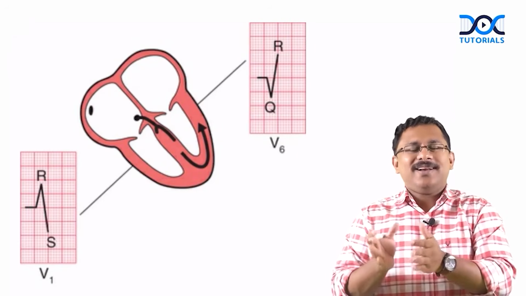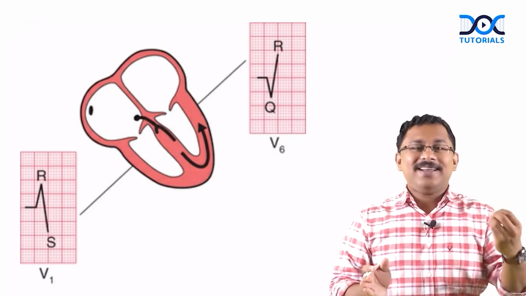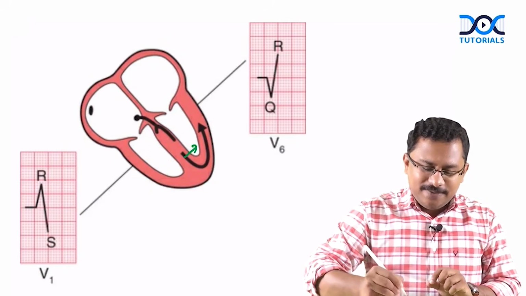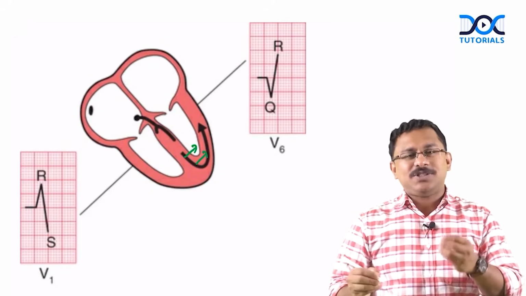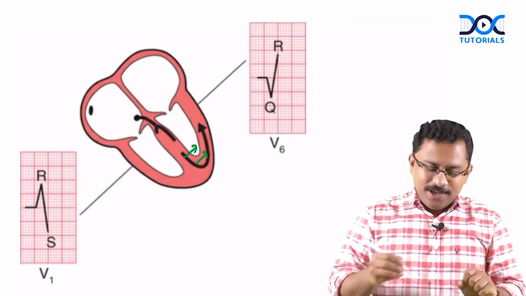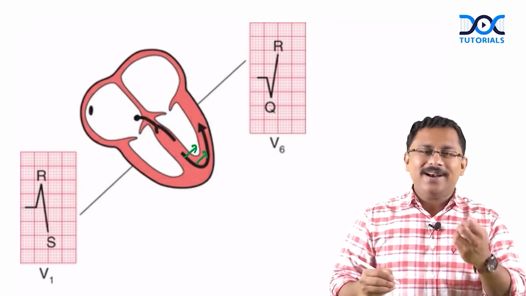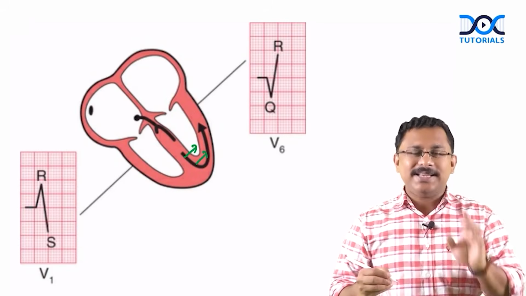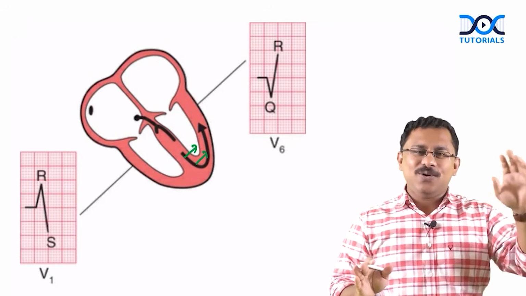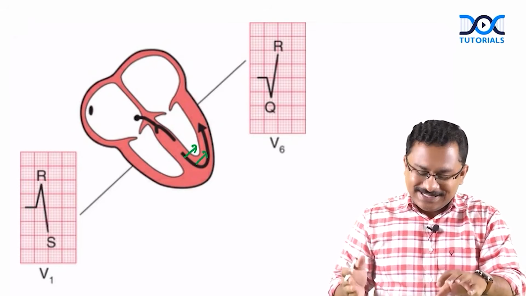So the right ventricle is not going to depolarize at the time the left ventricle is depolarizing. So yes, there will be a vector in this direction which corresponds to the depolarization of the left ventricle, which is manifested as an S wave in lead V1 and an R wave in lead V6. Okay, so till this much again it's looking very close to the normal ECG.